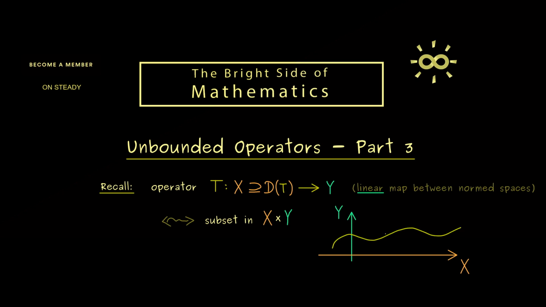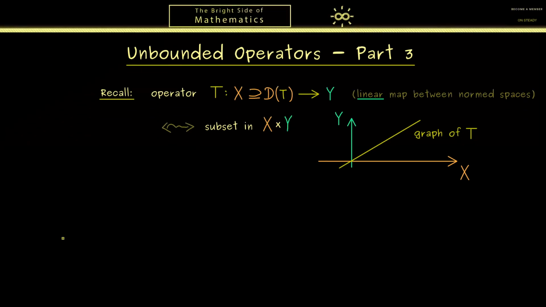However, since we have a linear mapping here, we should also make it clear that we have a linear relation as a graph. Moreover, since we work in infinite dimensions, in reality we would expect that the picture looks much more complicated than this line. But still, the general idea here of this set given by the graph of T still holds.